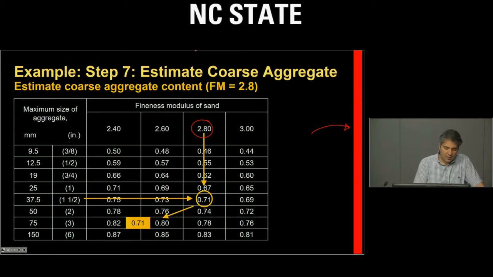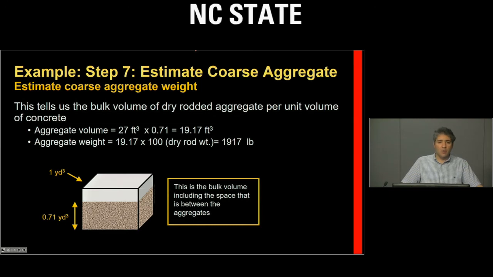Maximum size of aggregates was 1.5 inch. So if we draw a line over here, we will see that this table gives us 0.71. This means that 71% of our 1 cubic yard should be filled with coarse aggregate.